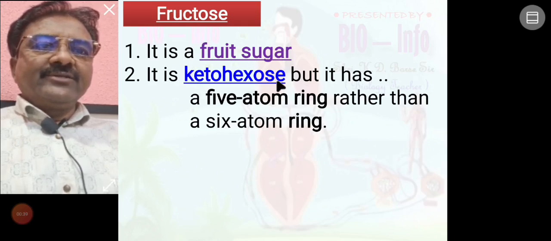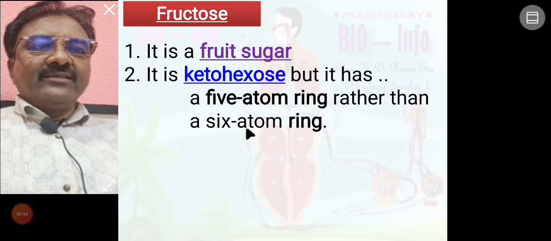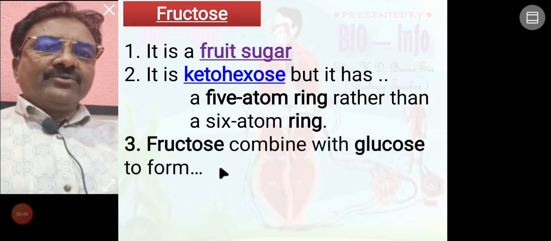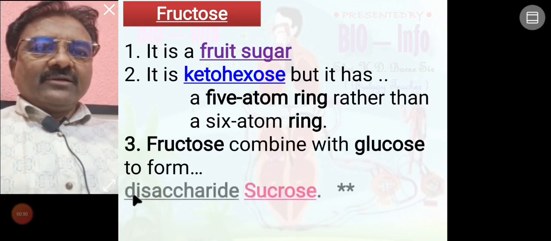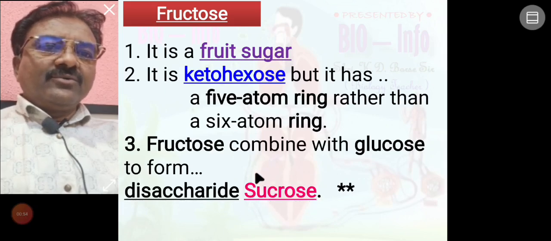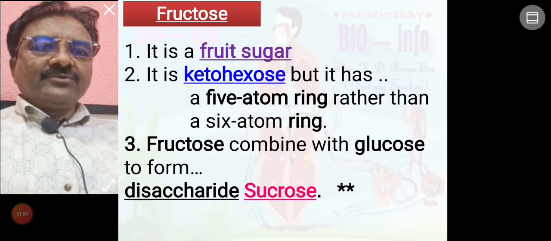Fructose combines with glucose to form a disaccharide compound known as sucrose. How to form sucrose? Fructose combines with glucose to form sucrose.